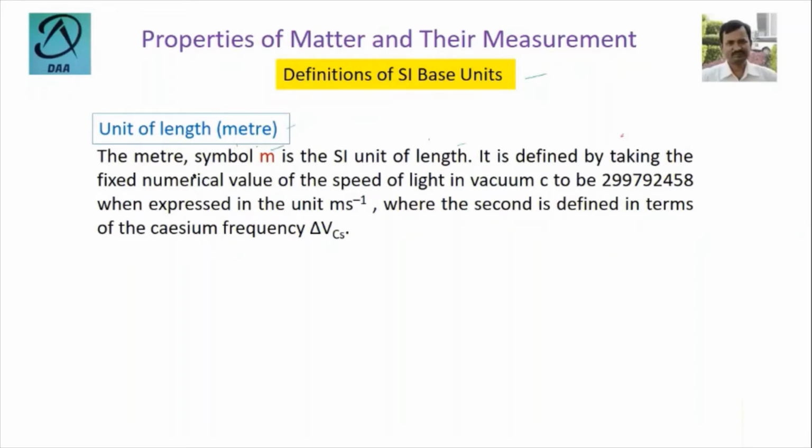It is defined by taking the fixed numerical value of the speed of light in vacuum, speed of light c, to be 299792458, expressed in the unit m s^-1, where the second, the small s, is defined in terms of the cesium frequency.